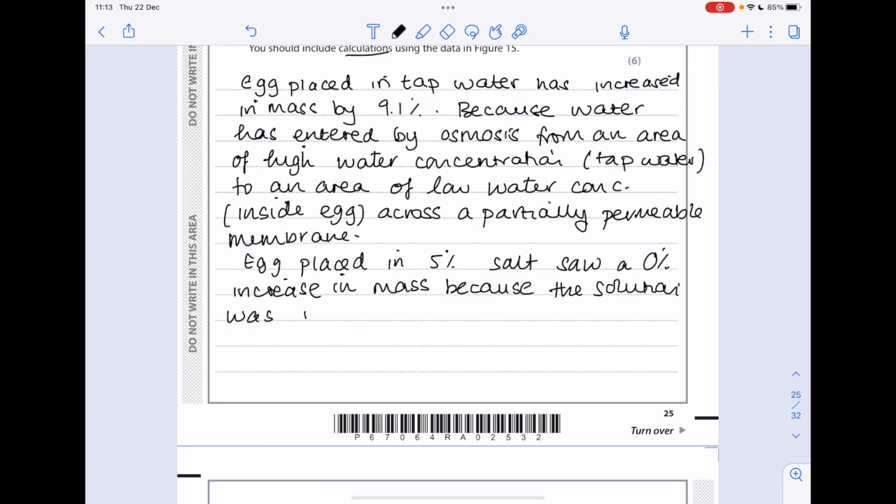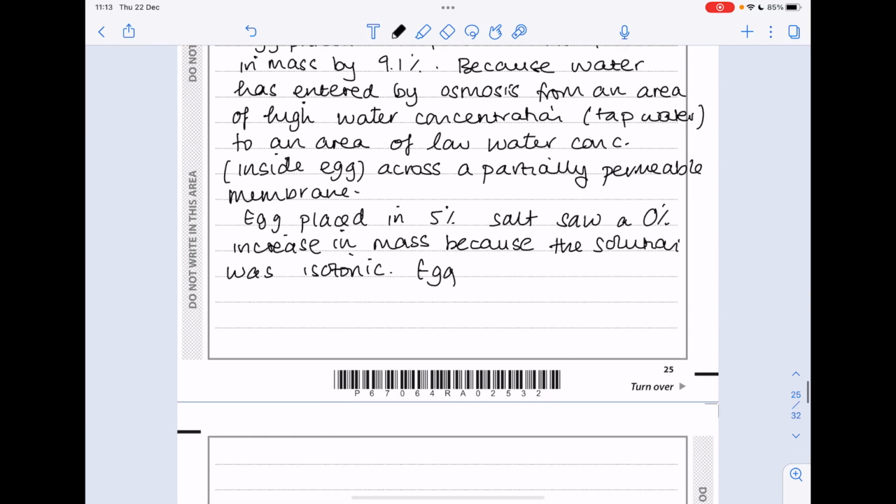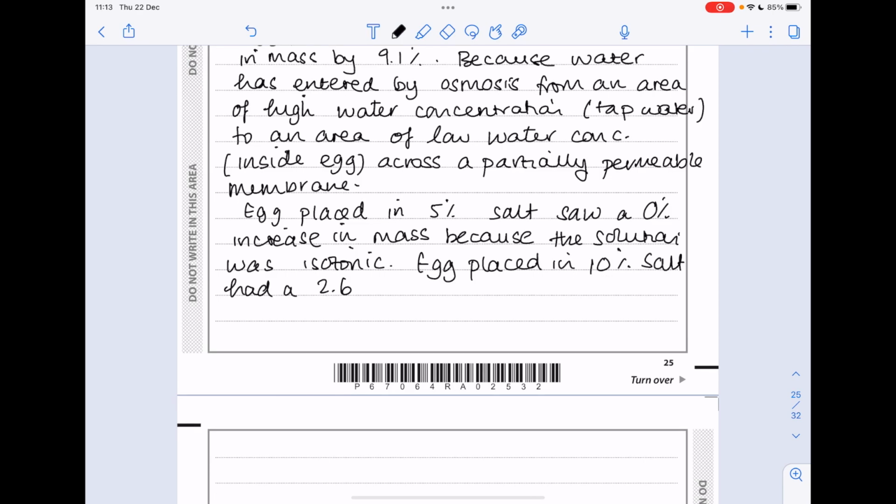And then rounding it off with what's happening in that final solution. Had a 2.6% decrease in mass because water left the egg. I'm really pleased with this answer. It's very full. It's full of calculations and scientific background.